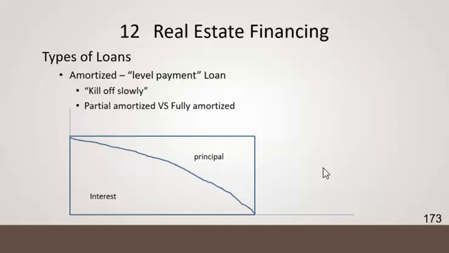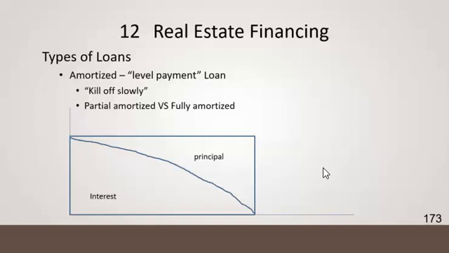That's why lenders do this. So each monthly payment is some combination of a principal amount and an interest amount. Remember, straight loan, all interest, then principal. In this one, it's a combination of principal and interest.